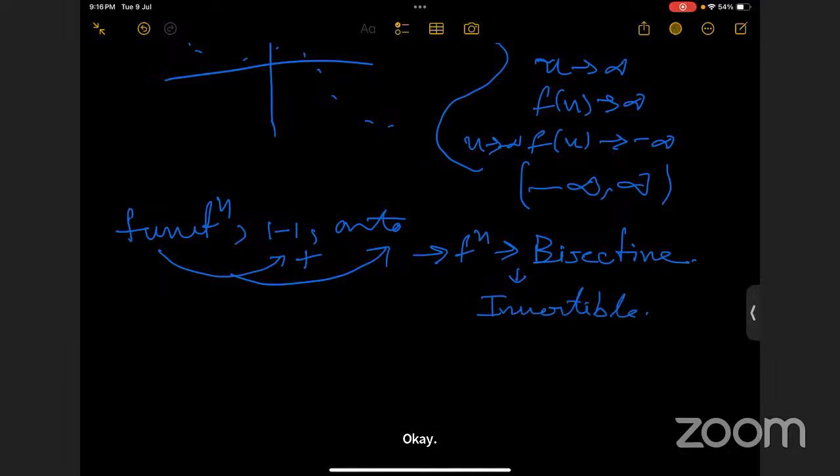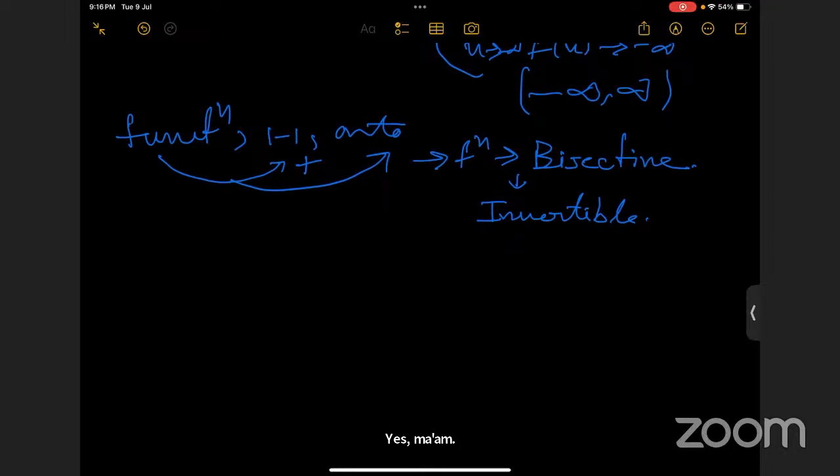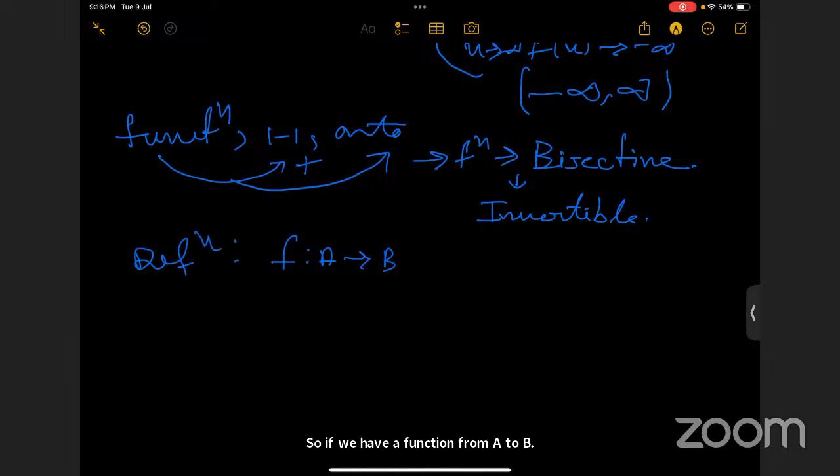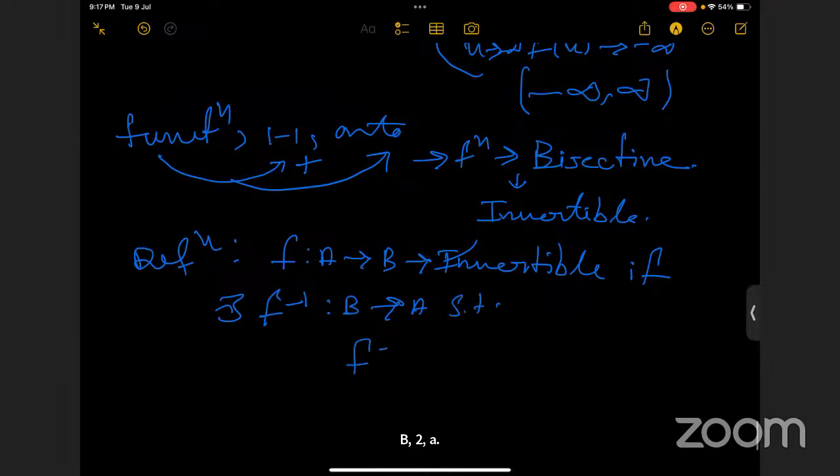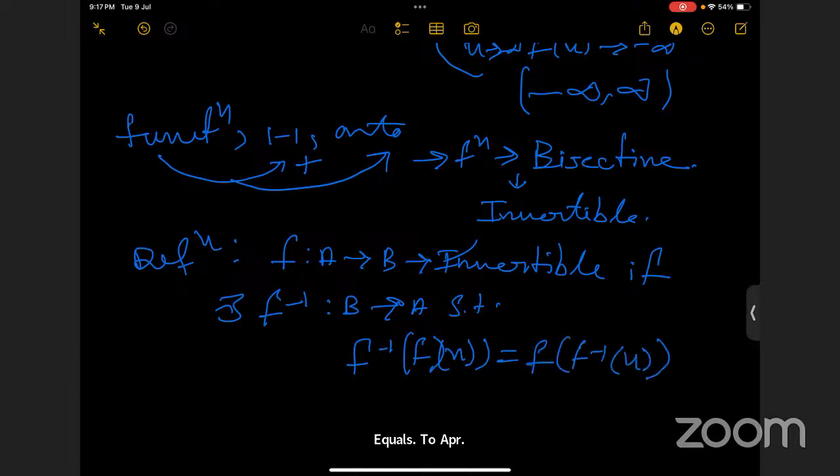So if we have a function from A to B, the definition is: it is said to be invertible or reversible if there exists F inverse from B to A such that F inverse of F of x equals F of F inverse of x equals the identity function of x.